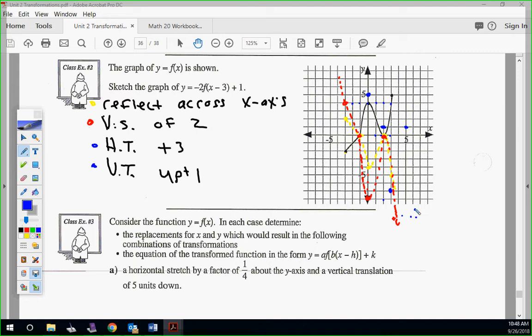All right, so it's going to come down through, like so. It's going to bounce. I guess there are no arrows on it for us.